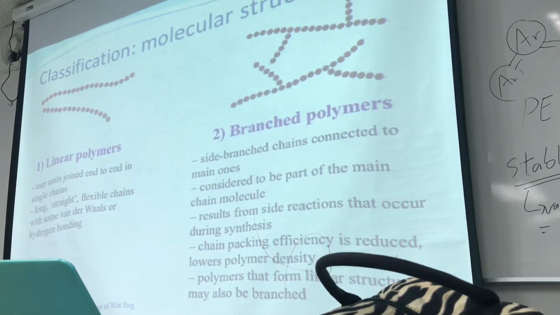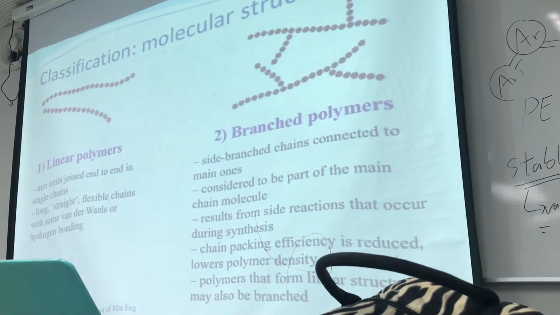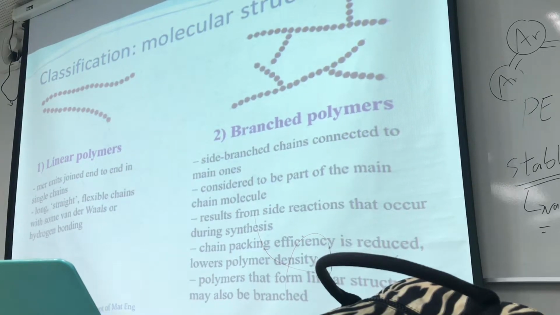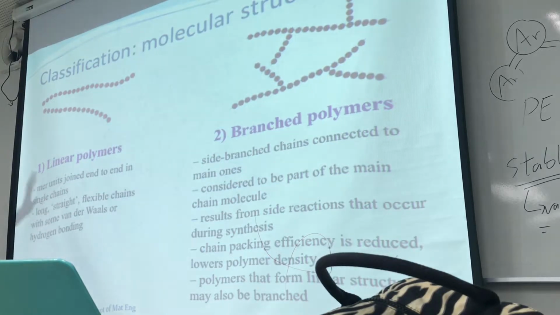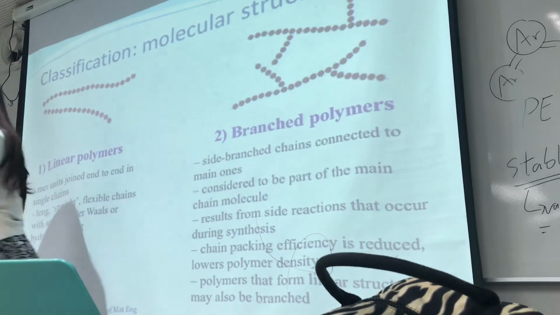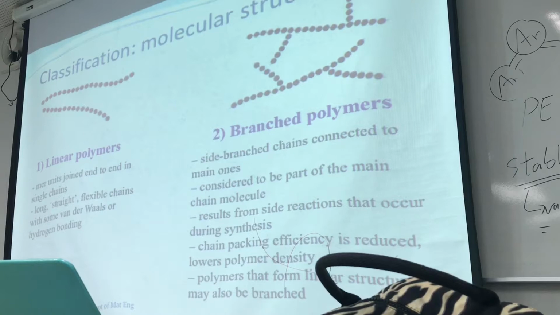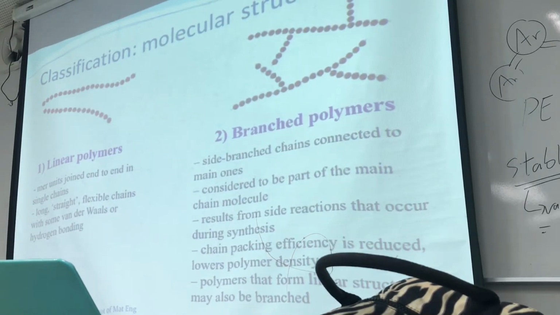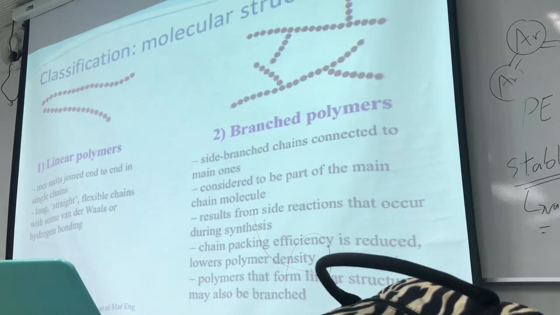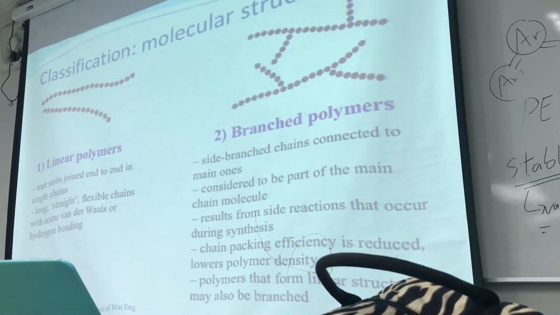Remember packing. Something that folds easily can have higher packing. So, I give you one more chance. Linear and branched, if everything else is the same, which one has higher density? Linear. You see that? Because linear can pack more efficiently.